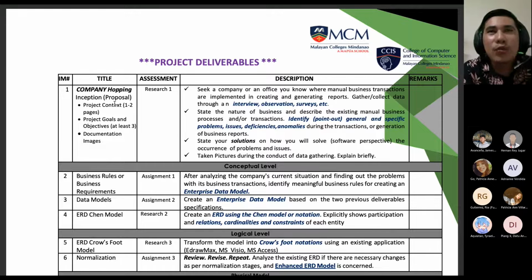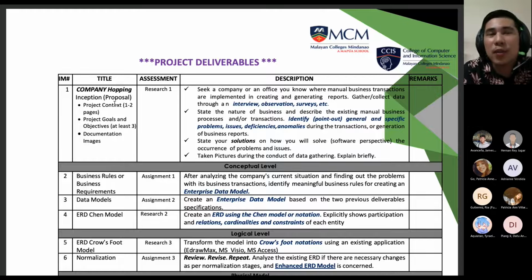You'll need to really go outside of our school and look for a company to study. You get to study the organization's processes, their way of data handling, how they manage the records.